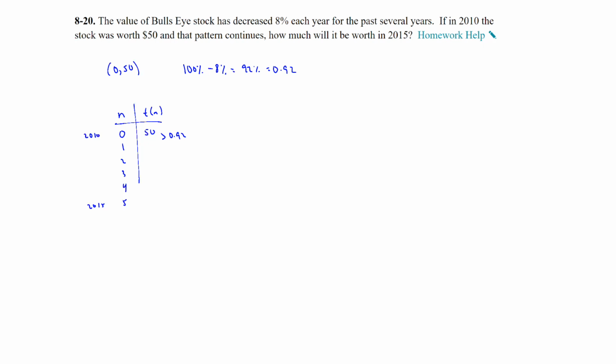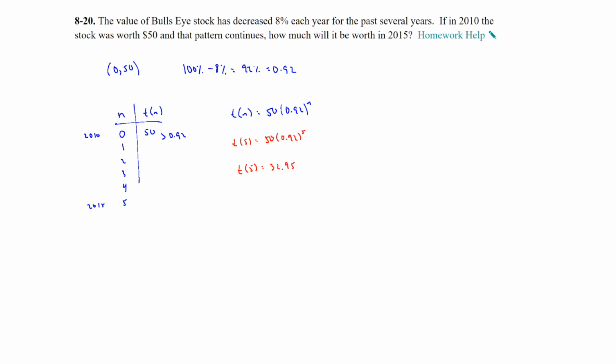Or you can write your equation, t of n equals the initial of 50, the multiplier 0.92 raised to the n power. And then since you're looking for 5 years in, you would plug in 5 into the equation, and you would get a value of 32.95.